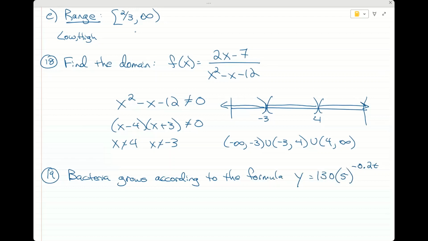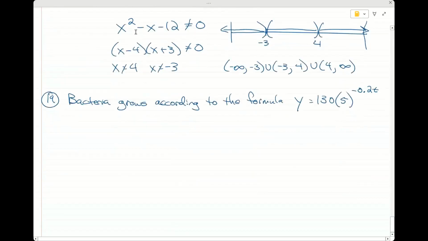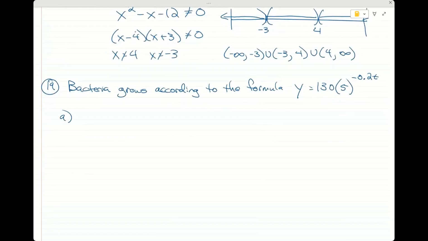So this is an equation to find the population of bacteria. And then you are asked for 2 things. First one is how many bacteria were present at the beginning.